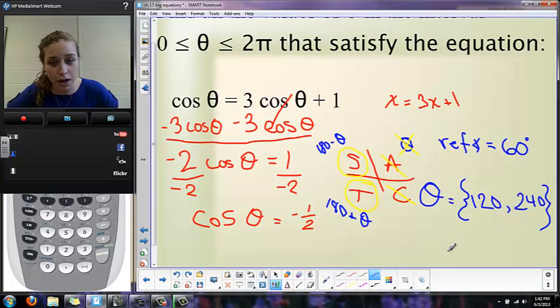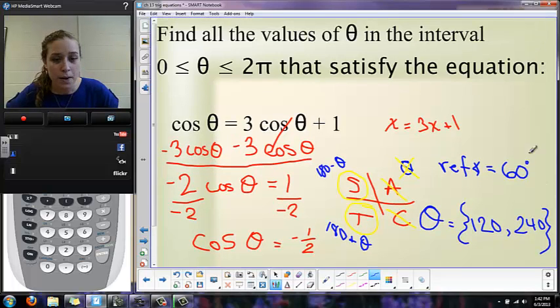It's not really a problem, it's not that big of a deal, but because our interval for the answers was written as 0 less than or equal to theta less than or equal to 2 pi. Because it says 2 pi right here and not 360 degrees, that means they want your answers in terms of radians.